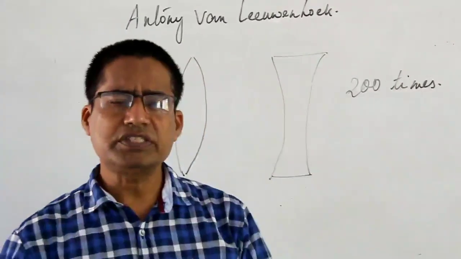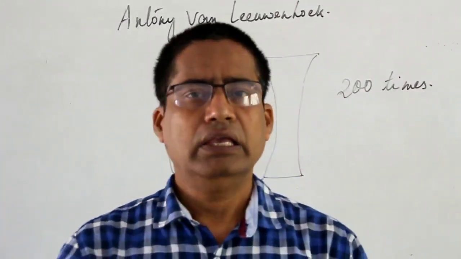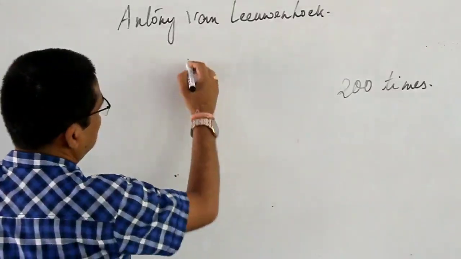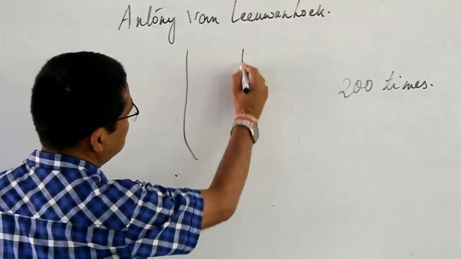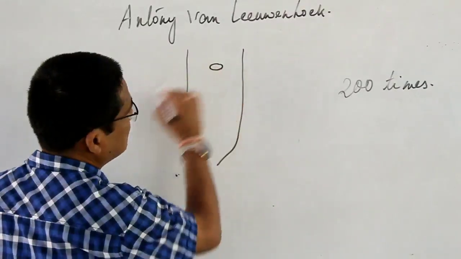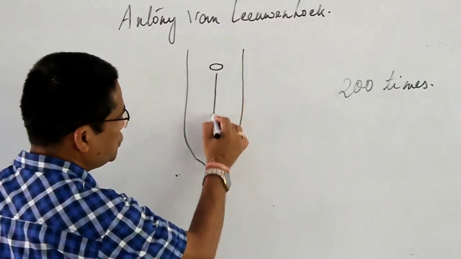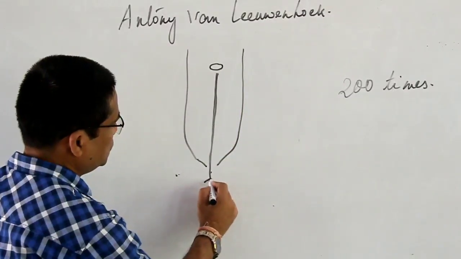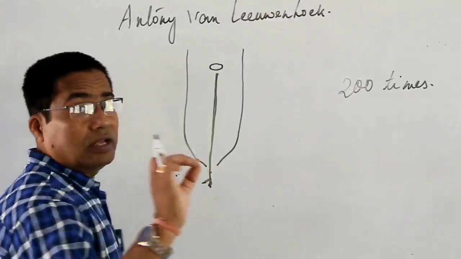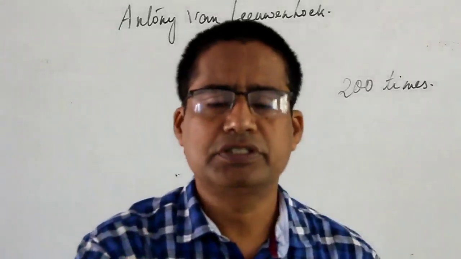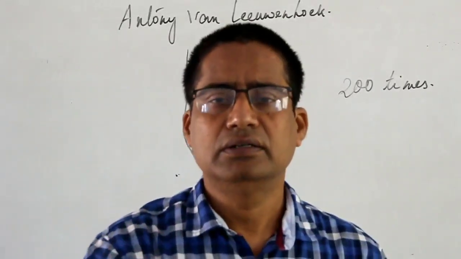Out of his curiosity, he fixed a lens in a metal body. He fixed a lens here, and then he had a screw. At the bottom of this screw, he could put the specimen, the object that we need to see under the microscope.